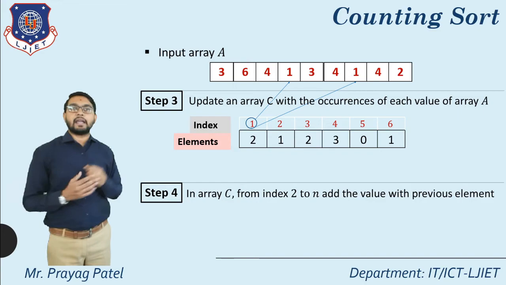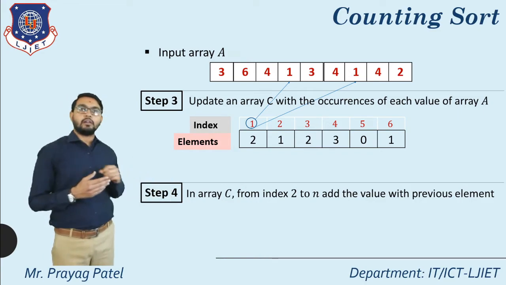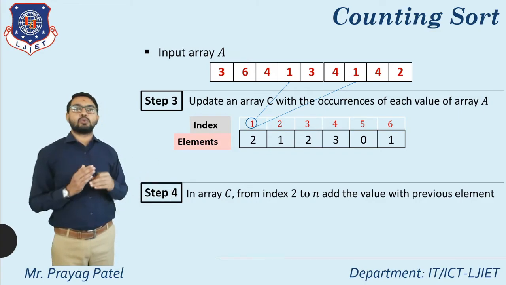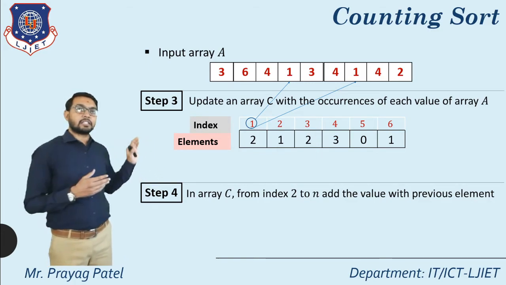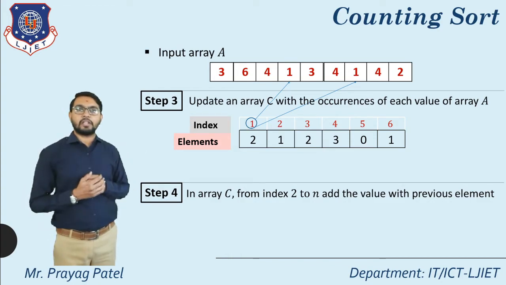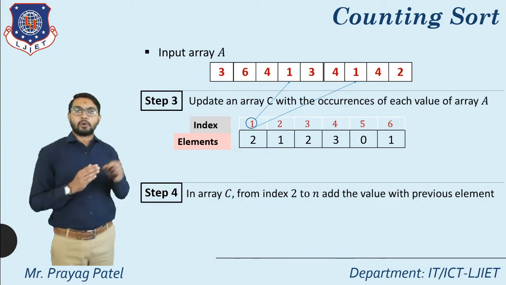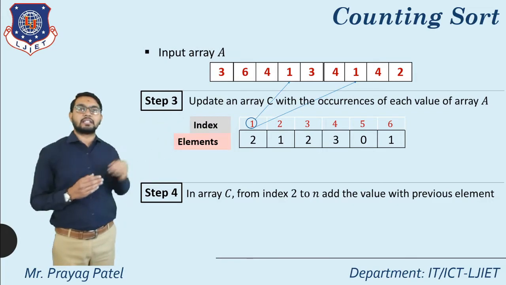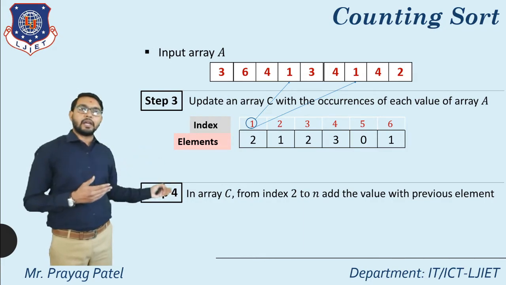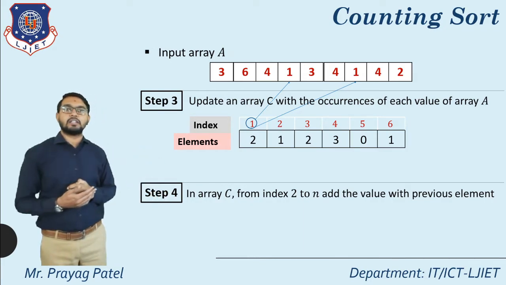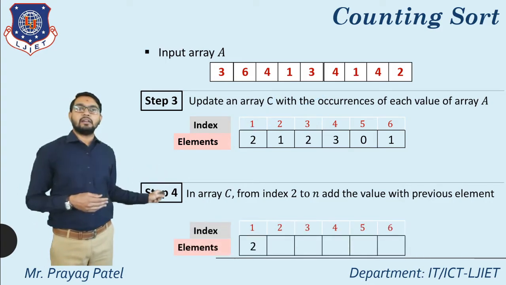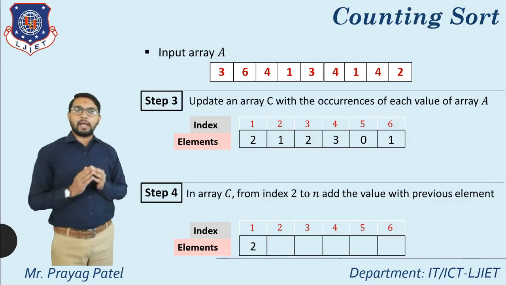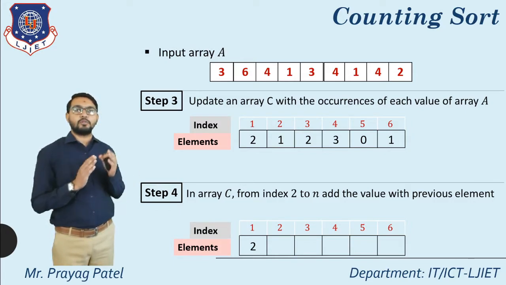Now update this array C. In step number 4, in array C from index 2 to the end, add the value with the previous element. For index number 1, there is no change, but from index number 2 to index number 6, you add the previous element to the current element and update the value of array C. Column number 1 stays 2 as it is, because our index runs from 2 to n.